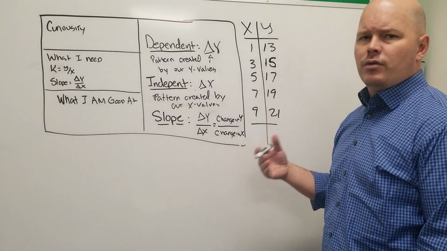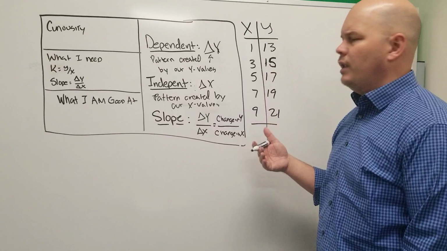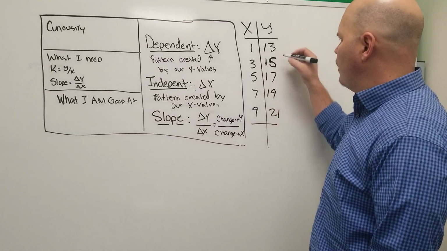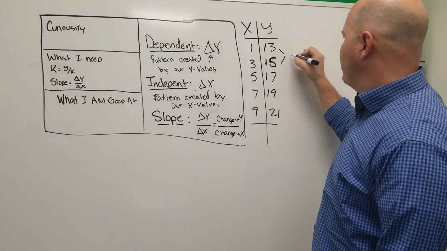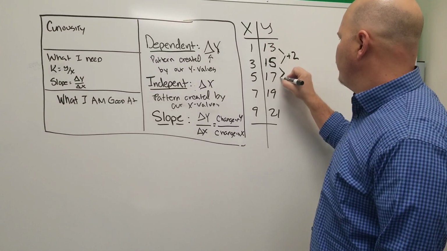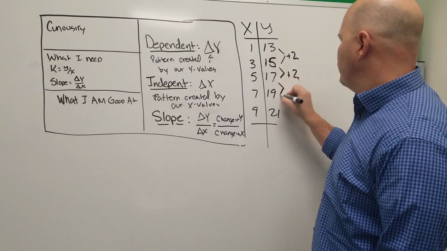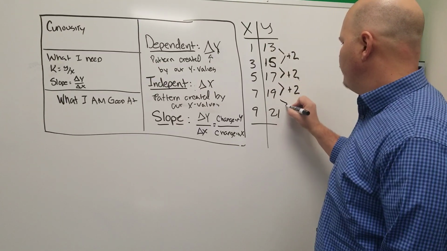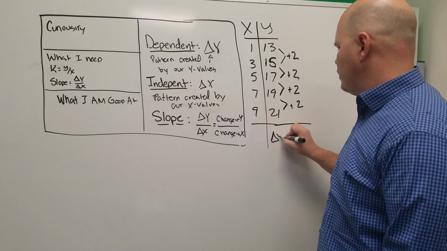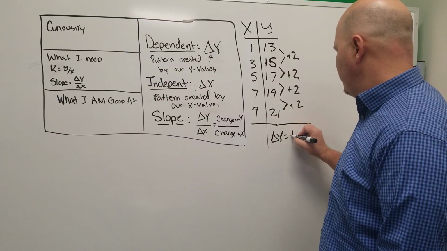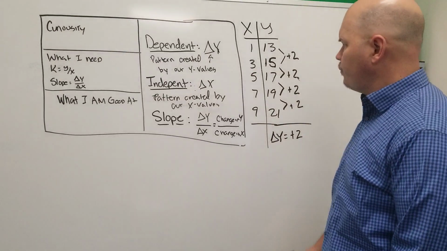So for this chart in particular, if I wanted to break down what my slope is, or what the pattern is that is created and how it relates to get a ratio, all I'm going to do is first find my change in Y, which is plus 2, plus 2, plus 2, and plus 2. So my change in Y values is plus 2 every time.